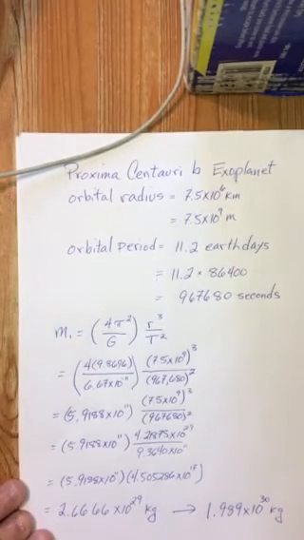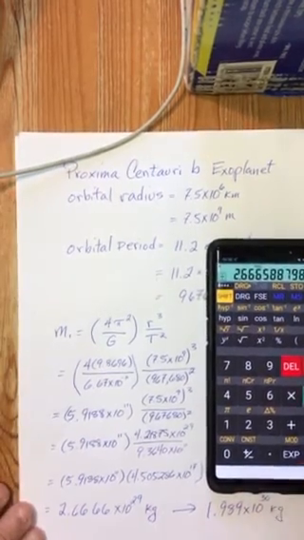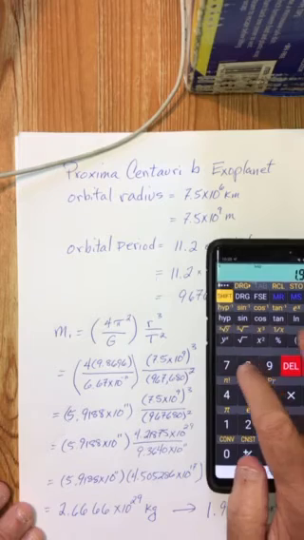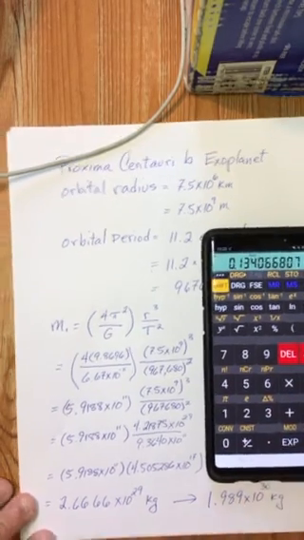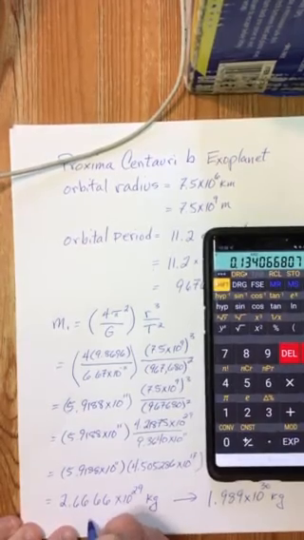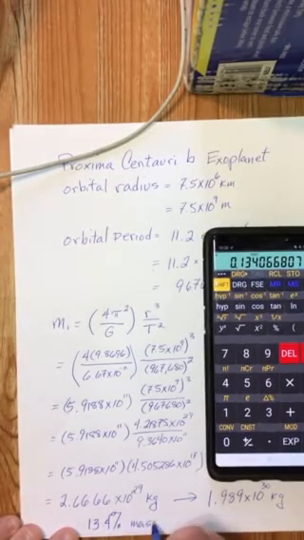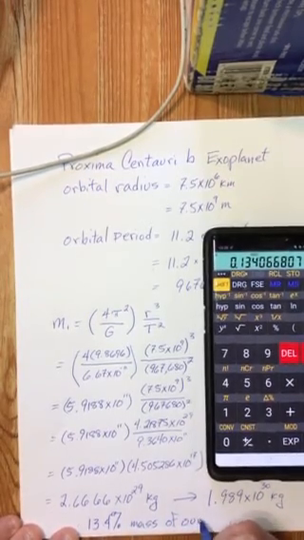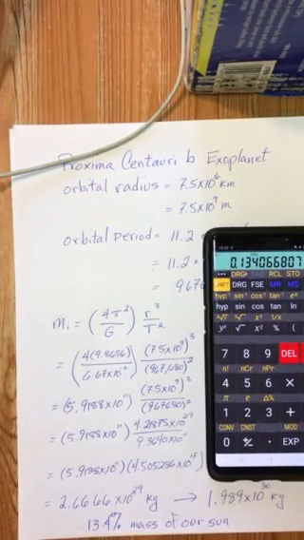So if we divide this number by the mass of the Sun, 1.989 exponent 30, that means that Proxima Centauri is only about 13.4% the mass of our Sun. Proxima Centauri is said to be a brown dwarf, and now we can see why, because the mass of that star is considerably less than the mass of our Sun.